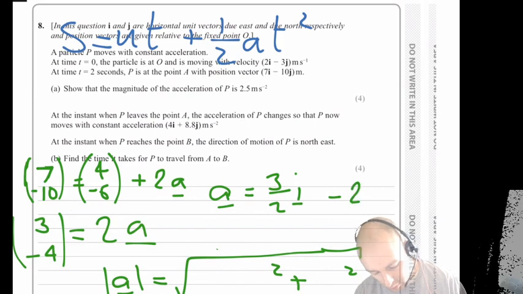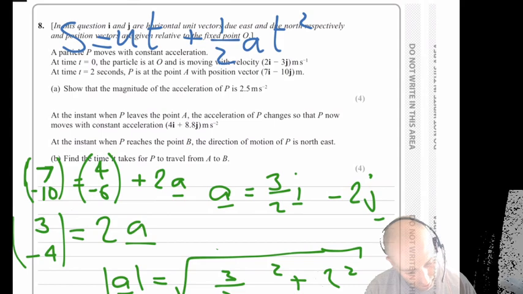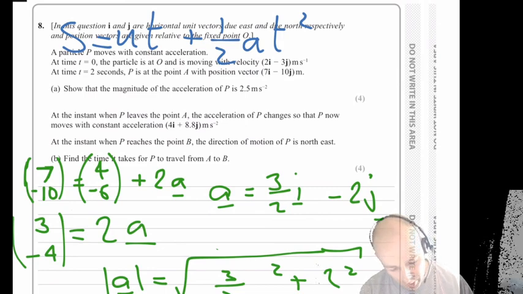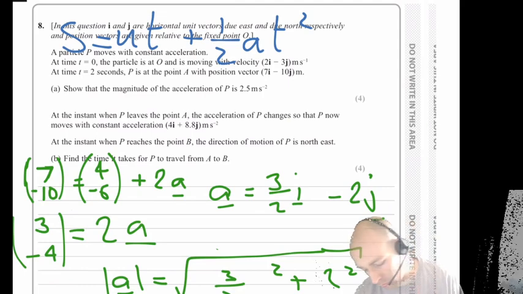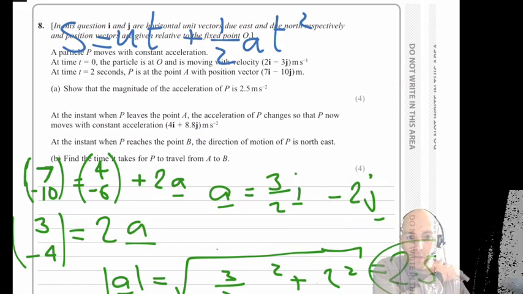So we need to do 3 over 2 squared and then 2 squared, which gives me exactly 5 over 2. Cool. So that's how you do the first bit.